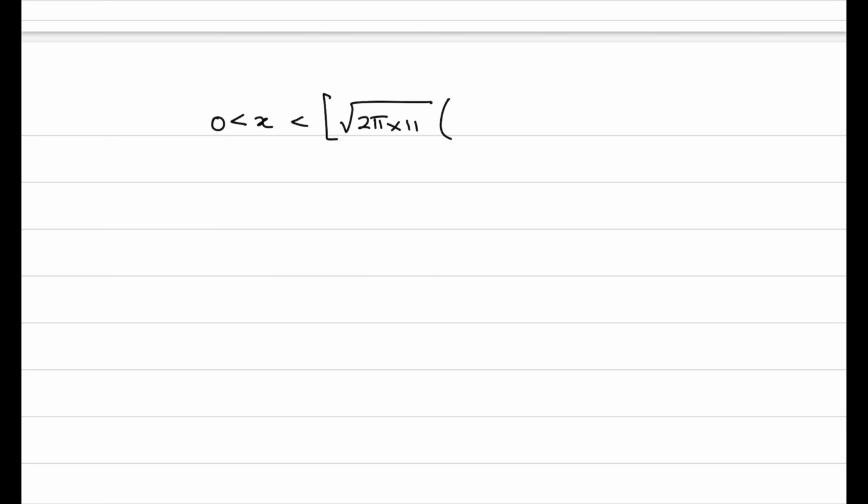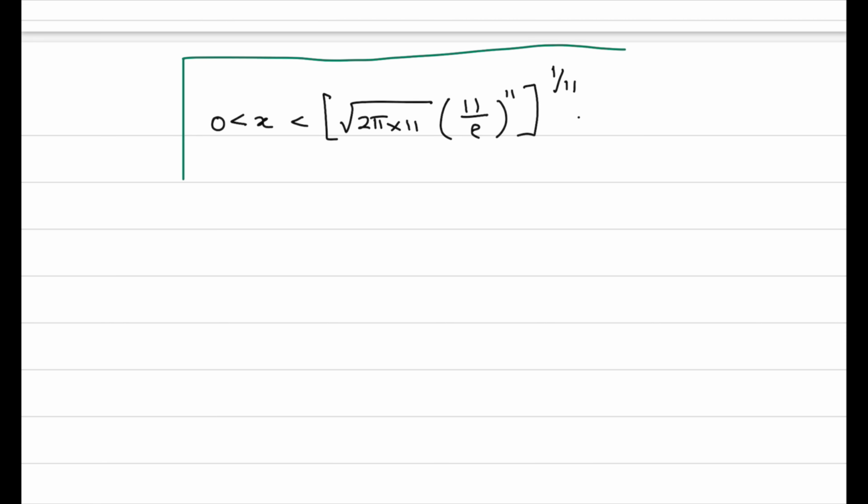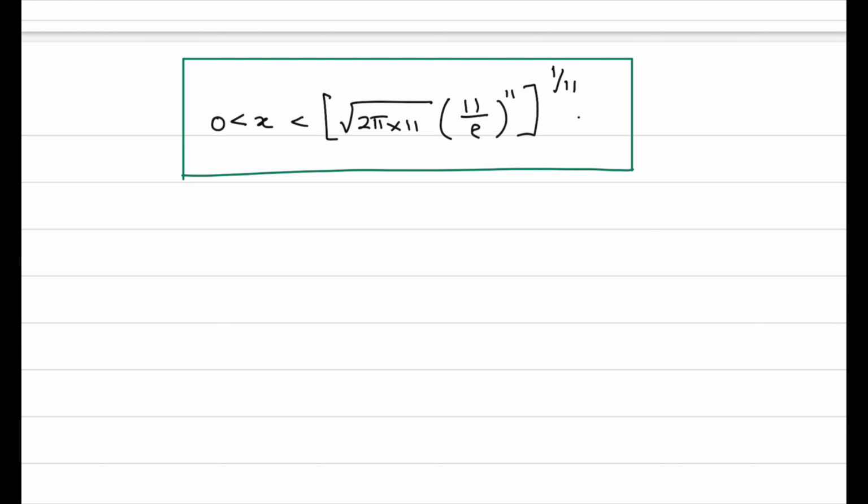Why am I repeatedly writing this? Because you will understand that if answers like this are given in JEE Mains or Maths Olympiad or in JEE Advanced, don't get confused. Please take the correct answer. This is the correct answer.